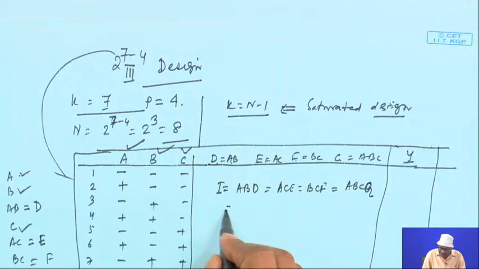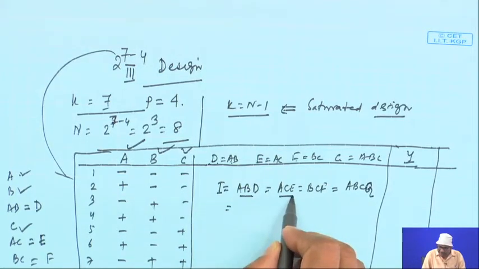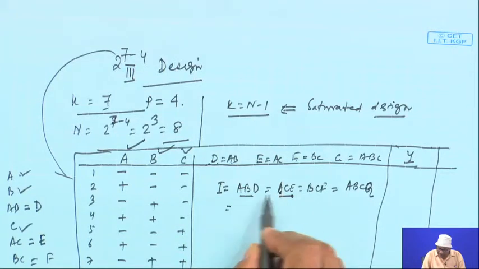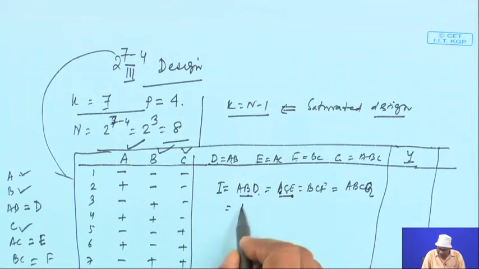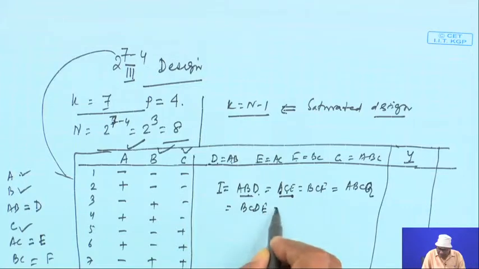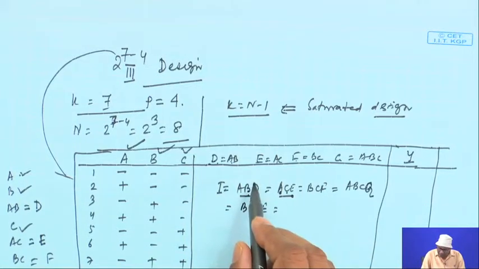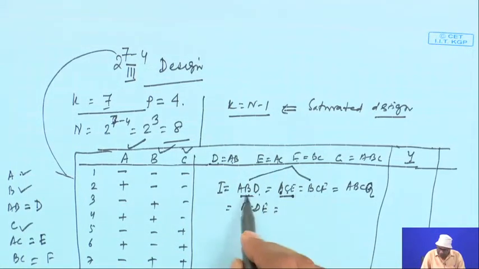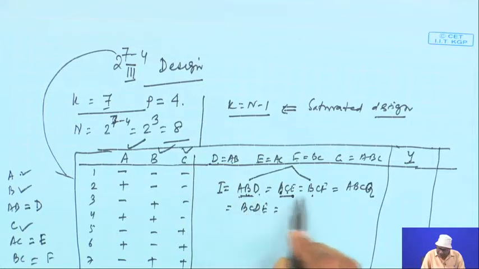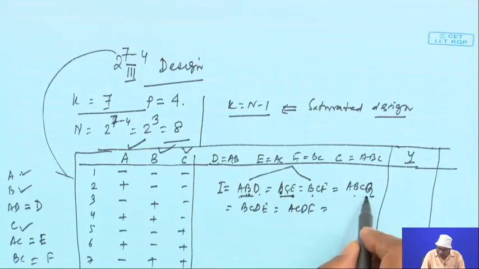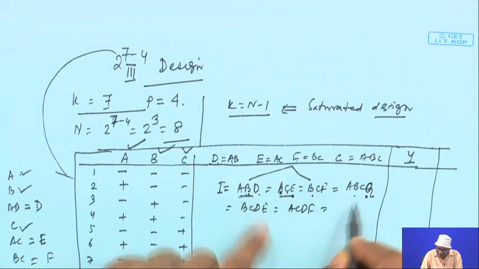If you multiply ABD and ACE, A cancels out and you get BCDE. Multiplying ABD and ACE gives BCDE, and multiplying ABD with another word, with AB cancelling out, gives CDG.